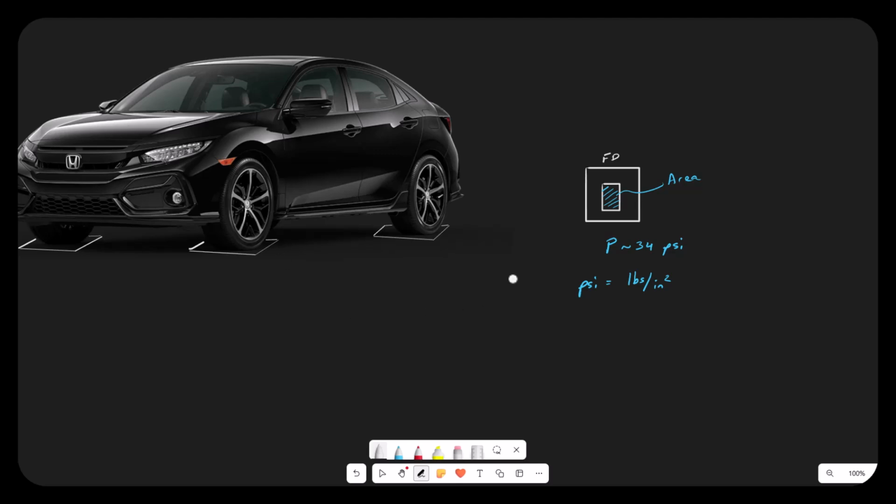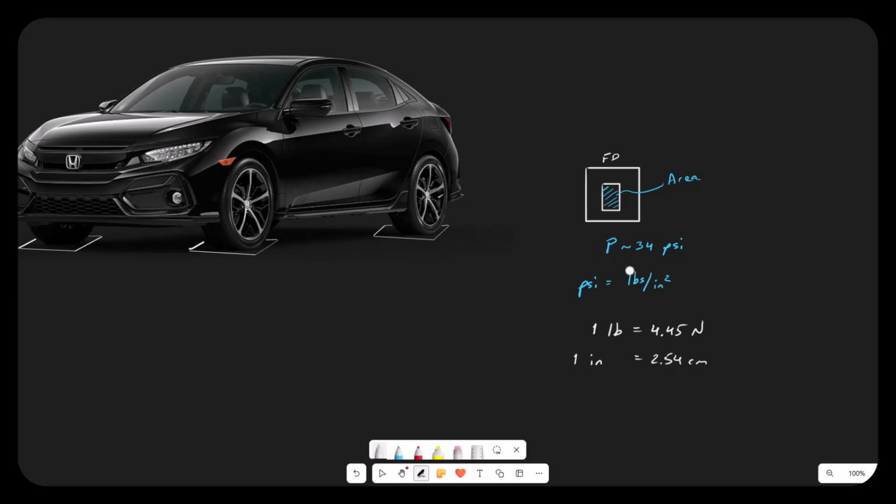So I'm going to need to convert this pounds per square inch into newtons per square meter. 1 pound is 4.45 newtons. That's a conversion factor I would need to be able to do this. 1 inch is 2.54 centimeters.